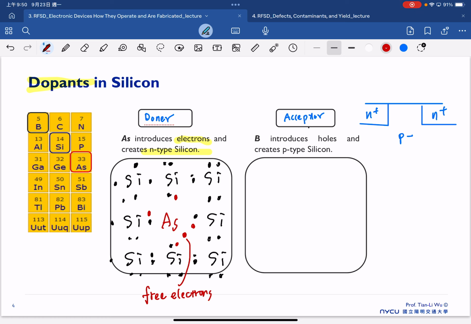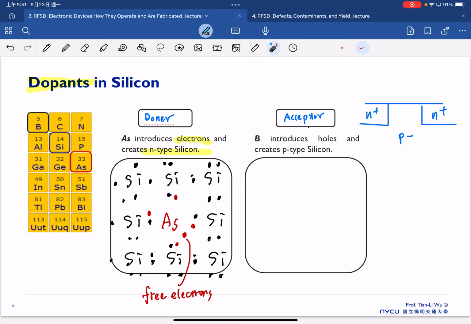These free electrons can create the N-type silicon, because in this region where we dope the arsenic, we can have a higher electron density. The high electron density means this material tends towards the higher concentration, more like the N-type material. So this is the reason why we call this a donor.